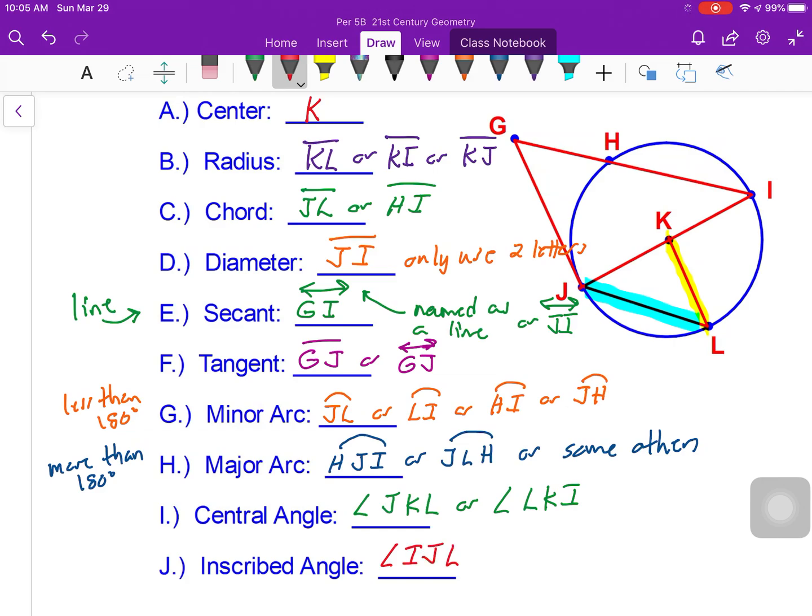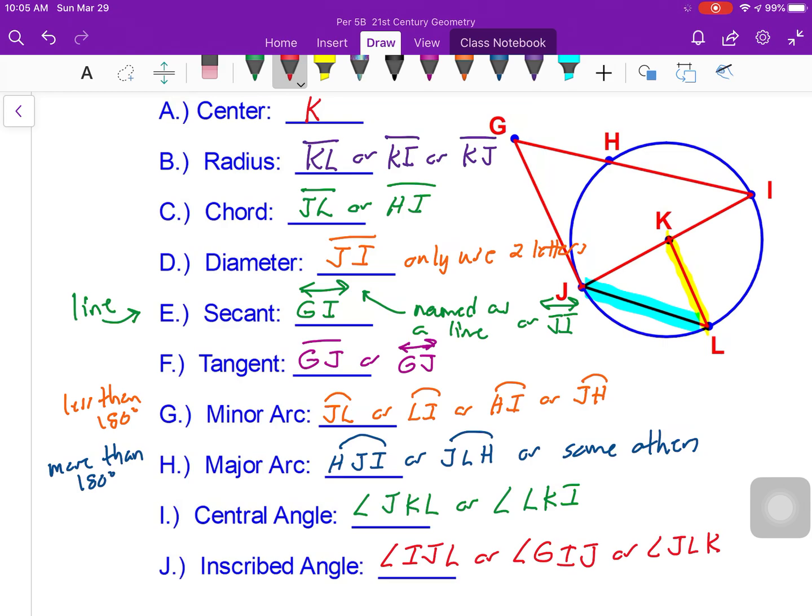So I could say angle IJL, or I could say angle GIJ, or I could say angle JLK. And all of those would work.